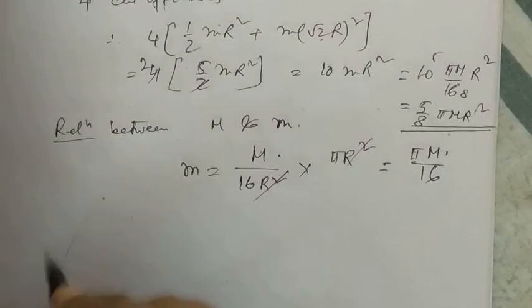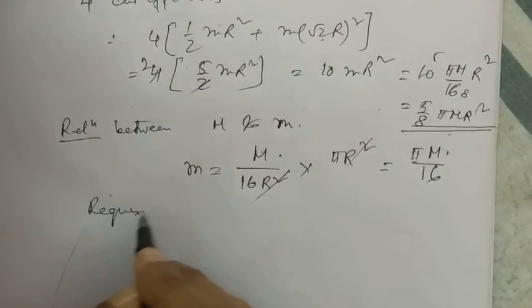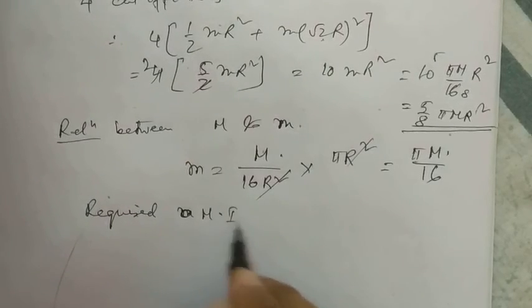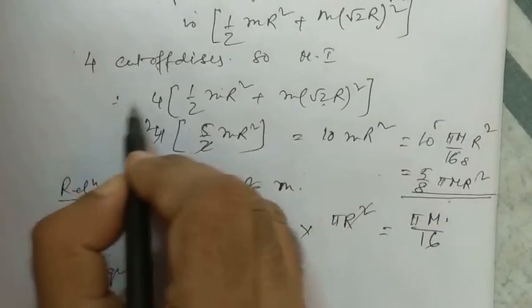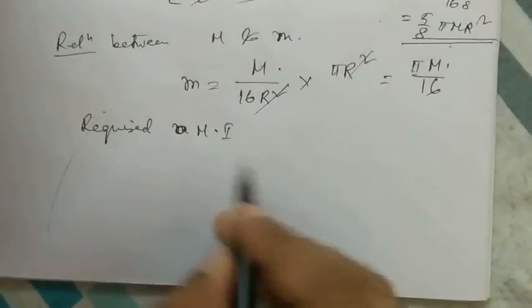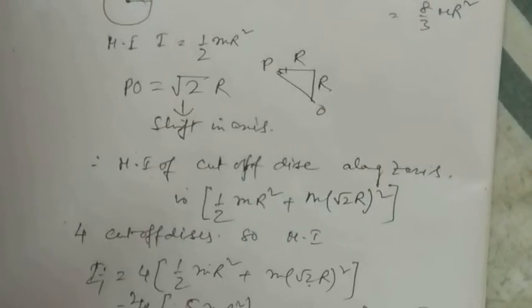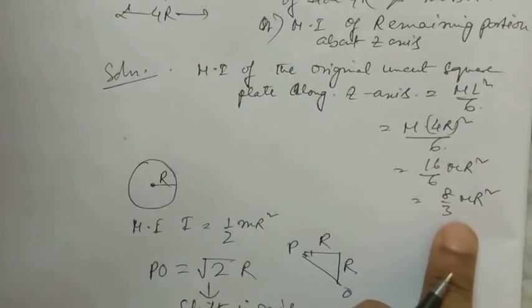Now the last part is the required moment of inertia. Take the moment of inertia of the 4 cutoff discs to be I1. The required moment of inertia means I minus I1. What was I? The moment of inertia of the original square plate was 8 by 3 Mr square.